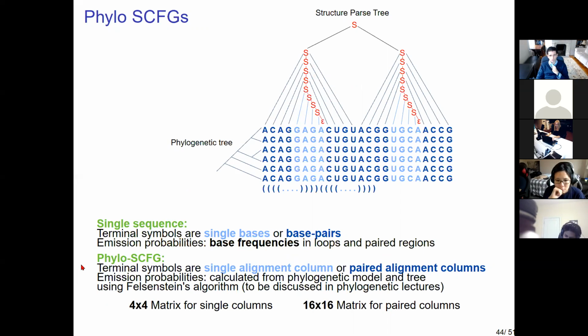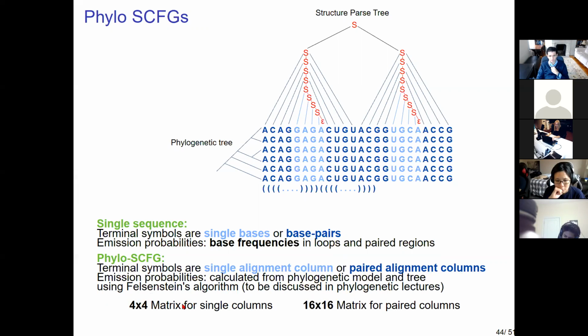But much more powerfully, a PhyloSCFG has alignment columns as terminal symbols, or paired alignment columns. And the emission probabilities are calculated from the phylogenetic model and the tree using, again, Felsenstein's algorithm that we're going to be talking about in the phylogenetic lectures.